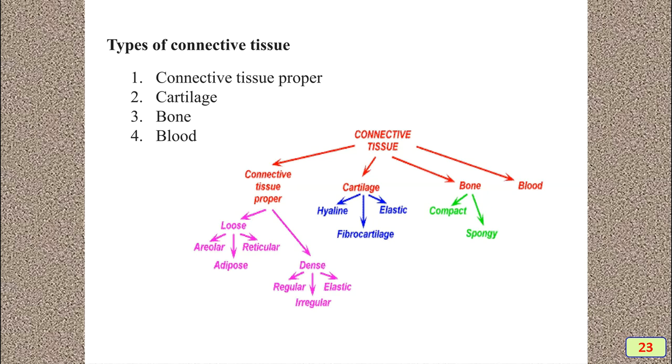Apart from this, blood is also a very good example of connective tissue, even though it does not have a clear-cut structure, as it moves in the blood vessels throughout the lifetime of an animal, till the heart beats.